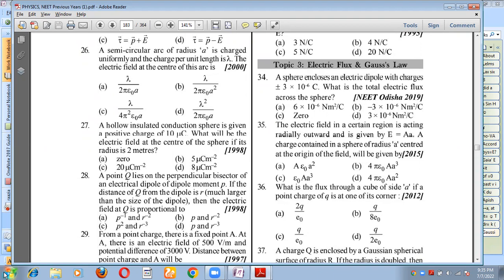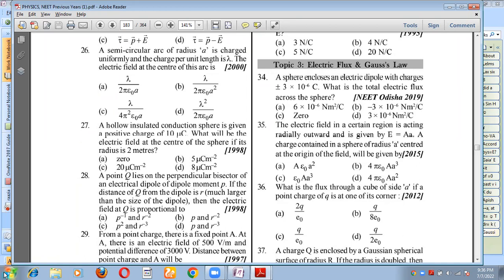First understand what the question says. According to the question, the electric field in a certain region is acting radially outward and is given by E equal to A into small a. A charge contained in a sphere of radius a centered at the origin of the field will be given by.